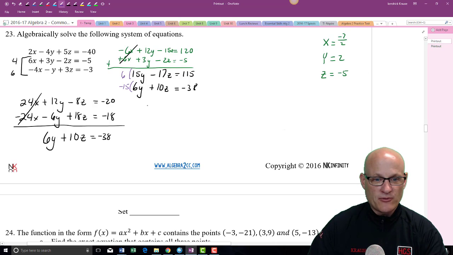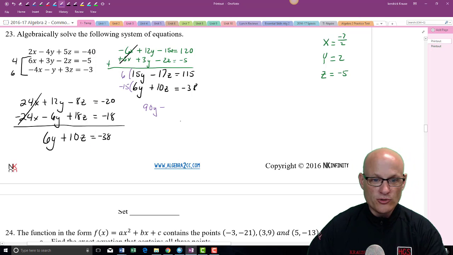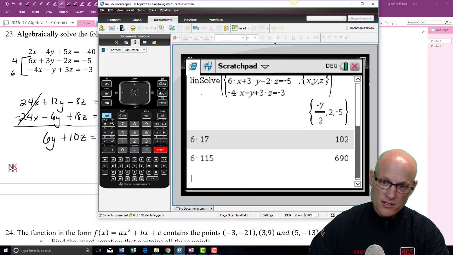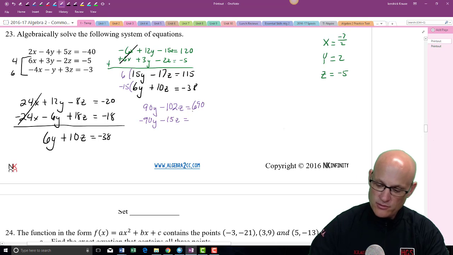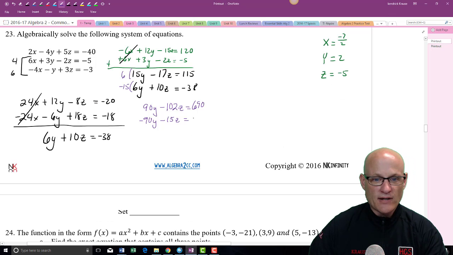So let's see, 6 times 15 is 90y minus, 6 times 17 I just don't want to do, 102z equals 690. Negative 90y minus 150z equals 570. 570 is positive.